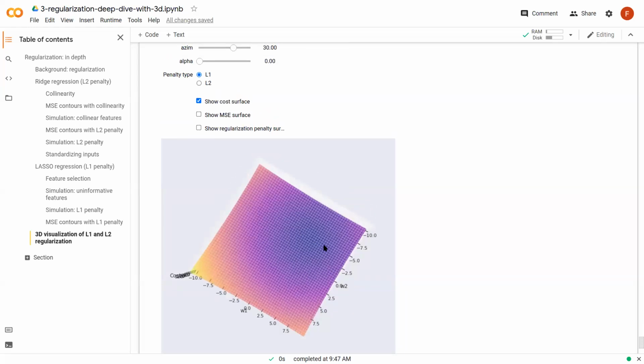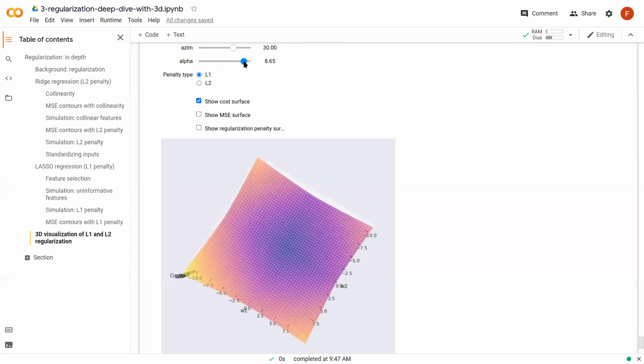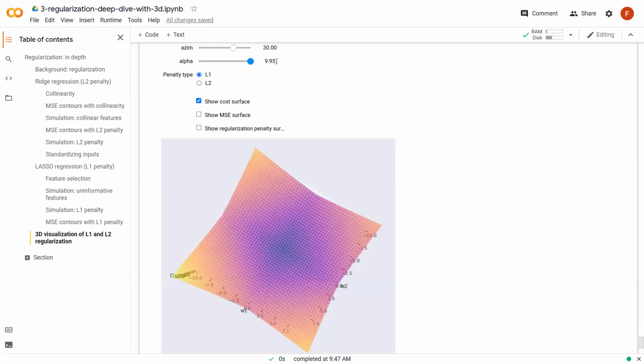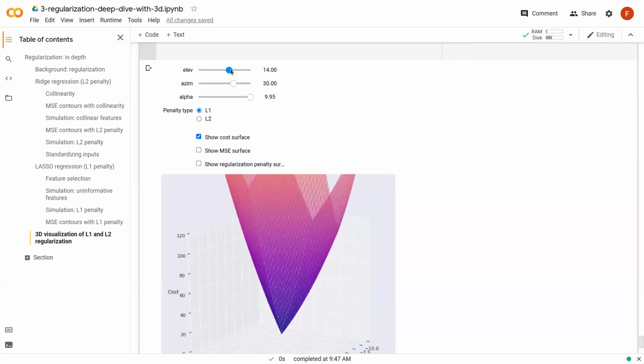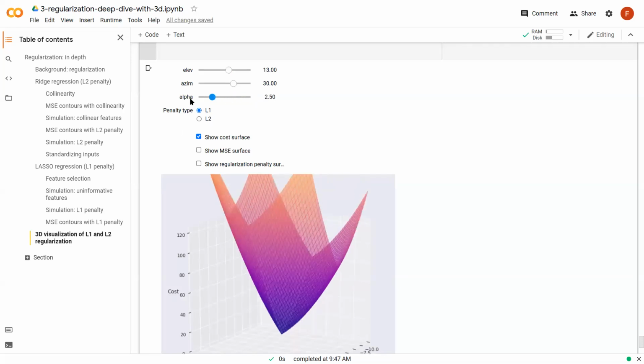As I increase alpha, the optimal point is dragged towards the origin. You can see the purplish part moves towards the origin as the L1 penalty pulls up the corners of the cost function. You can play around with this later to get a feeling for how that penalty term works.